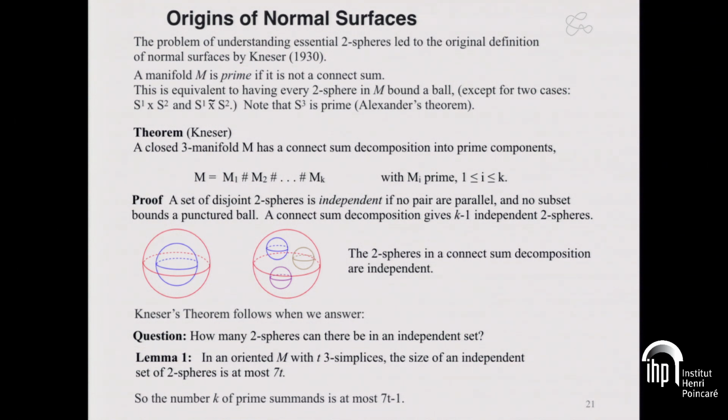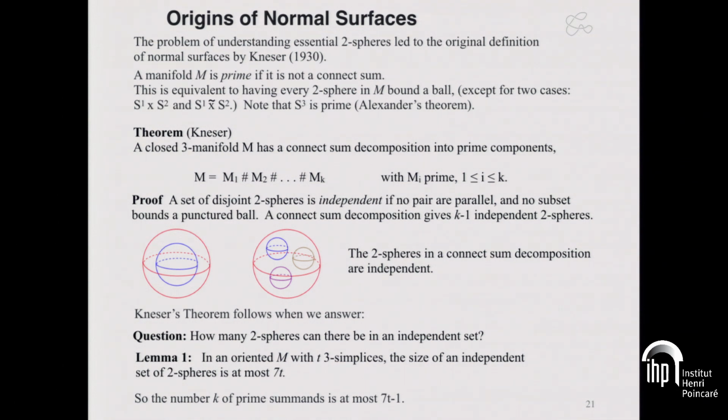So what we're going to do is look for a lot of 2-spheres that are non-parallel. If there's a connect sum into k pieces, then we have at least k minus 1 non-parallel 2-spheres. So what Kneser said is, let's show you can't have too many non-parallel 2-spheres. Then we'll get a bound on how many connect summands there can be.